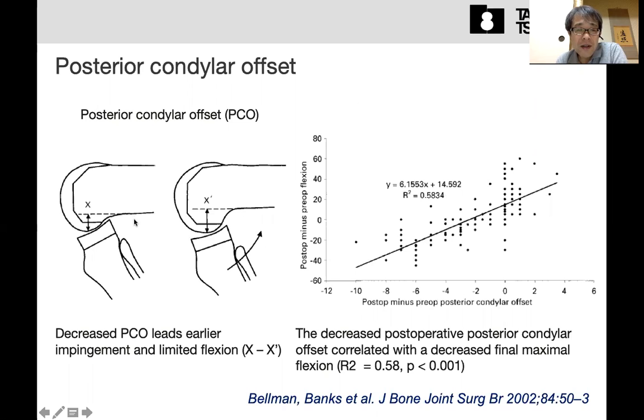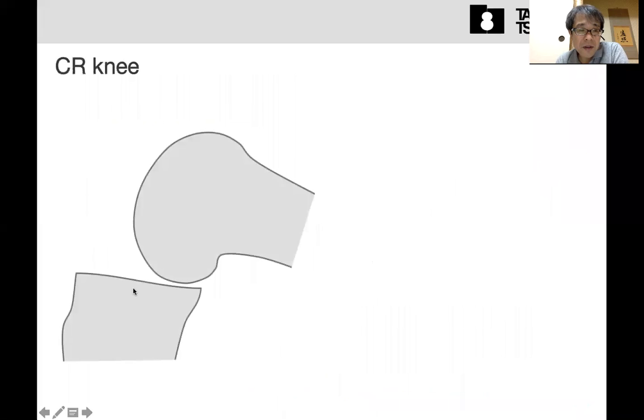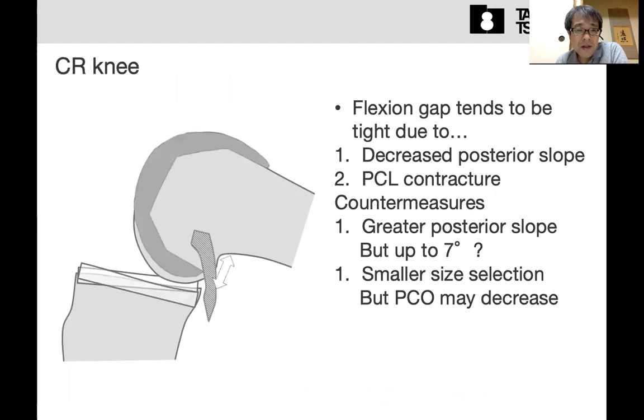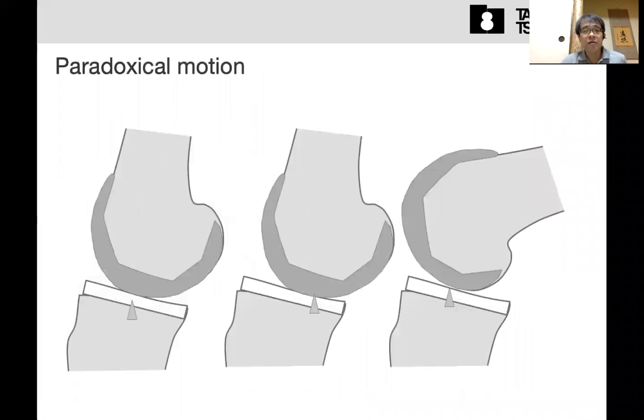So we need to retain the posterior condylar offset and at the same time keep the larger flexion gap. So it is very difficult to get a larger motion.